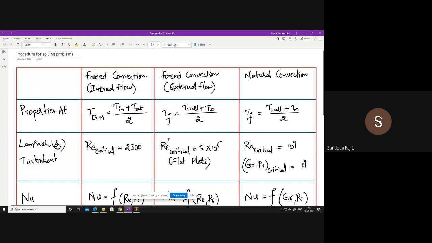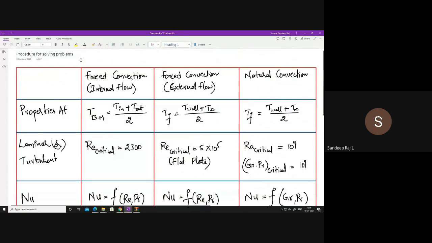Among these three, which case the given problem falls in is a very important thing. If you fail in finding out to which case the given problem belongs, you will actually fail completely in solving the problem. So this is a very key step. The first one is a very key step.